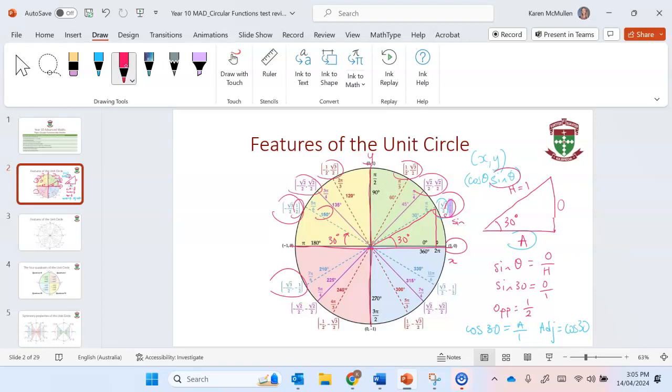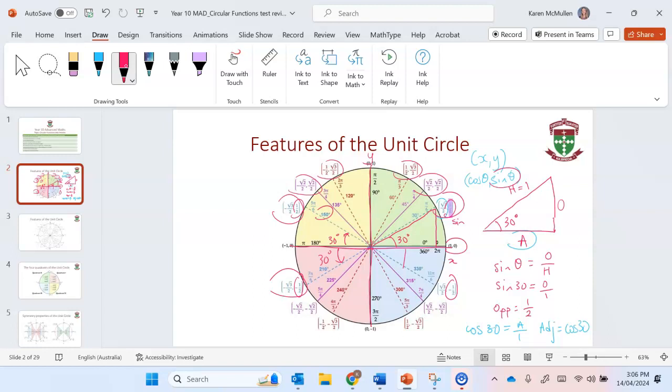If I went around to 210, my reference angle is still 30, and there it is, negative a half. Remember, your quadrants are either positive or negative, and sine in the third quadrant is negative. That's why it's negative a half. Then if we go around to the fourth quadrant, we get negative a half again. So we get a half for each of them, and then the sign, positive or negative, just depends on which quadrant we are in.